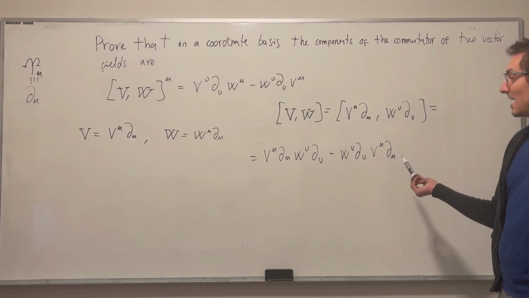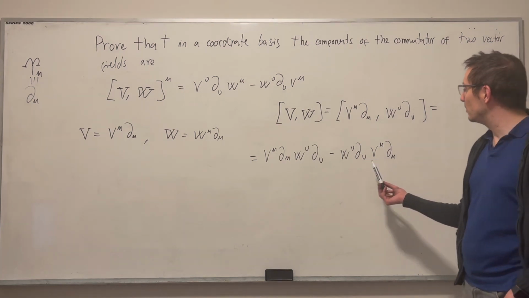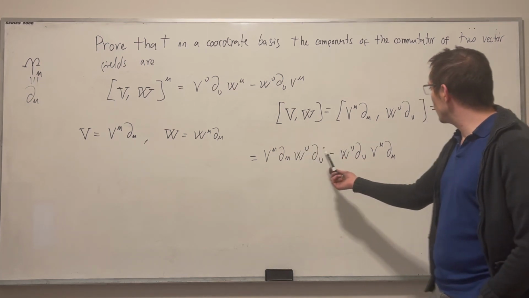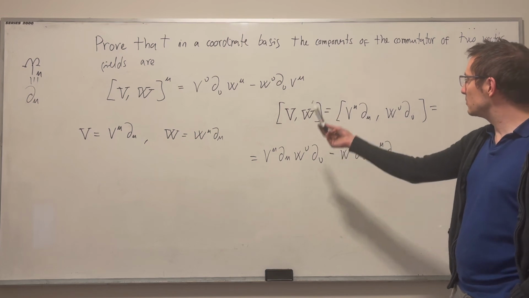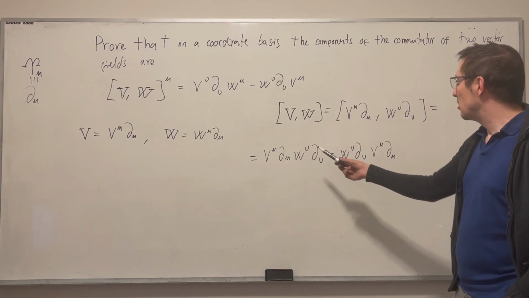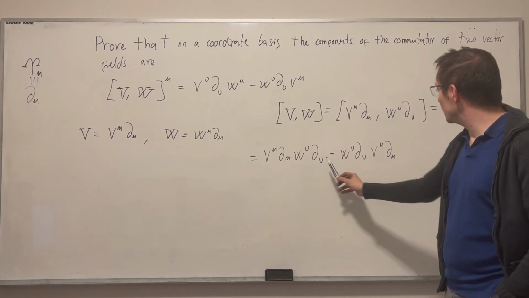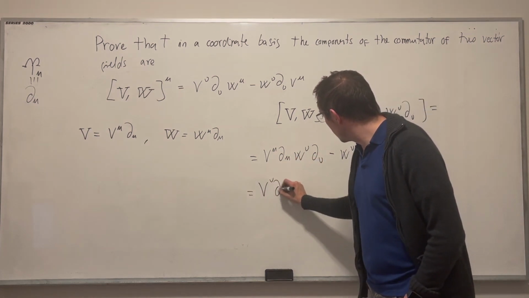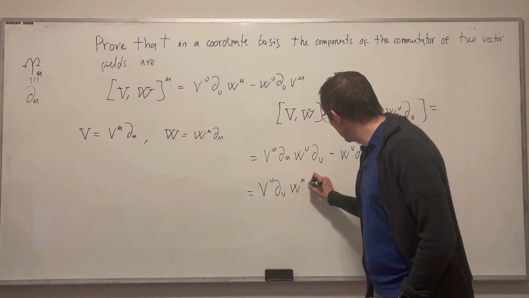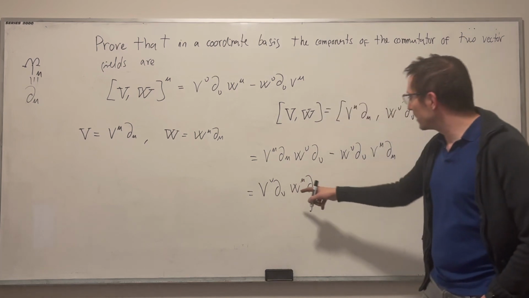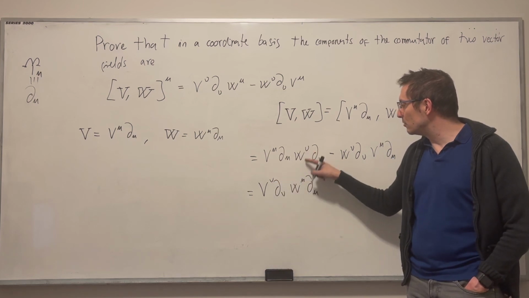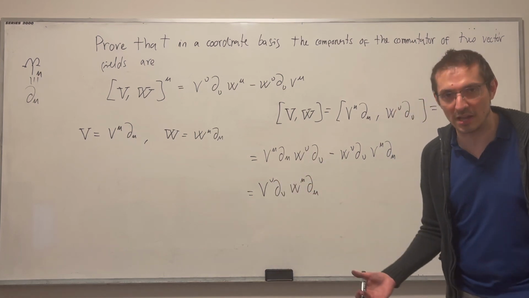This is a very basic exercise, as you'll see, because all I need to do is choose wisely the names of my dummy indices. Which expression should I change? I want νs on the V's, so I'll change the dummy indices in the second term. This is exactly the same as V^ν ∂_ν (W^μ ∂_μ). All I did was change the dummy variable μ to ν, and ν to μ. They are sums, so I can call them Joshua if I want.